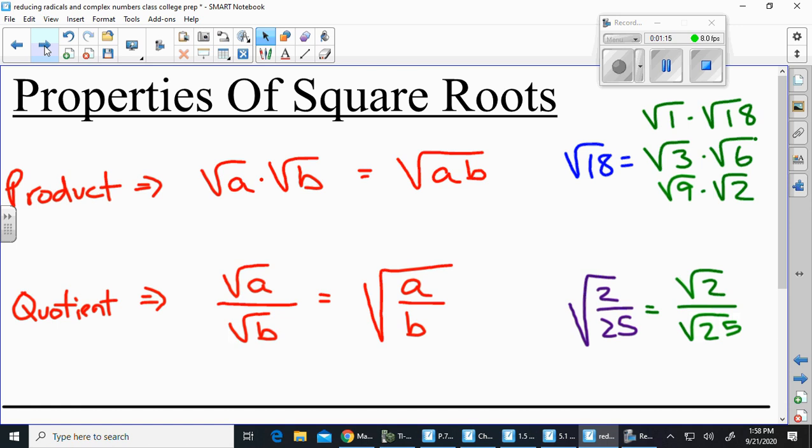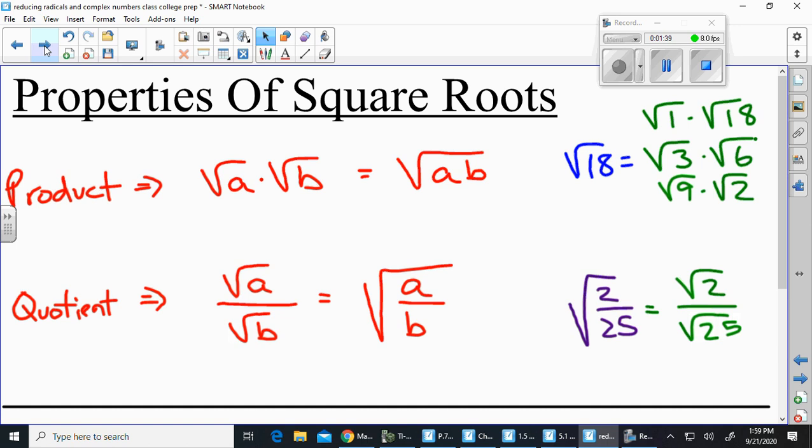A radical times a radical is the radical of that product. If I wrote down radical 18, I could write that as radical 1 times radical 18, radical 3 times radical 6, or radical 9 times radical 2. Same thing with division.